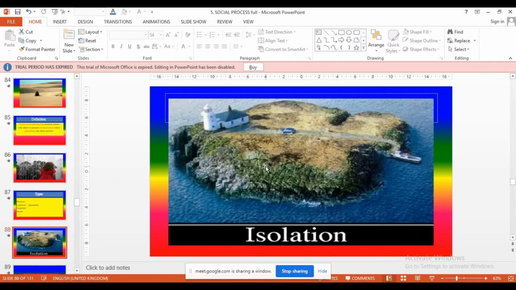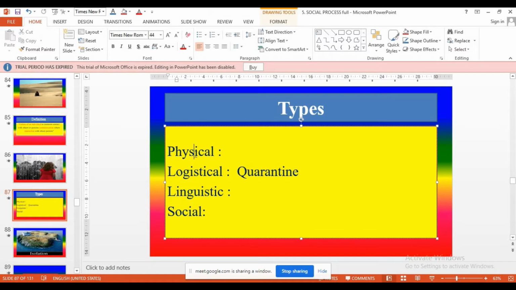Look at this one. A particular land isolated from other parts of the world due to water. So this land may be called an island, Iceland or island. So this is physical isolation.